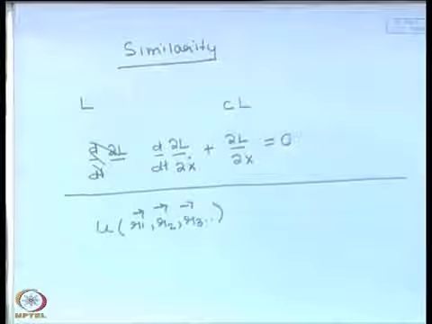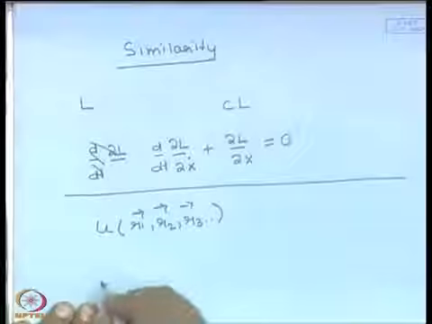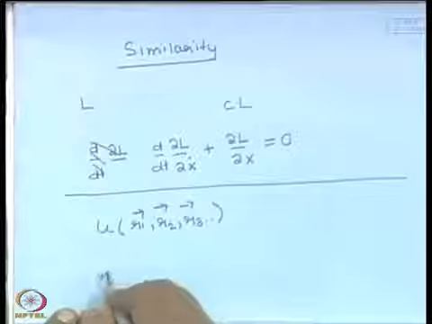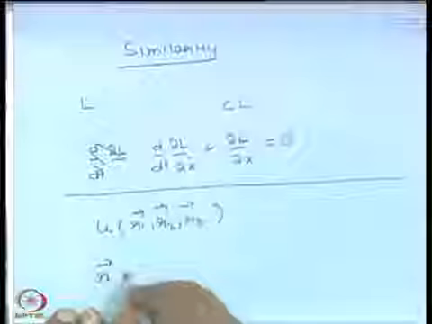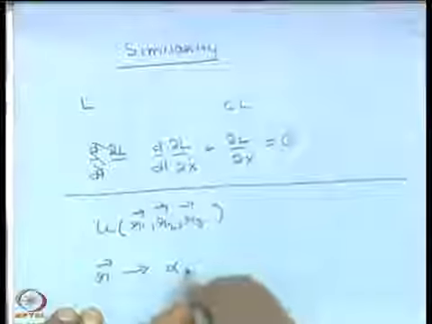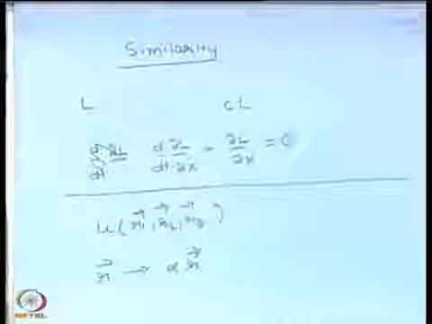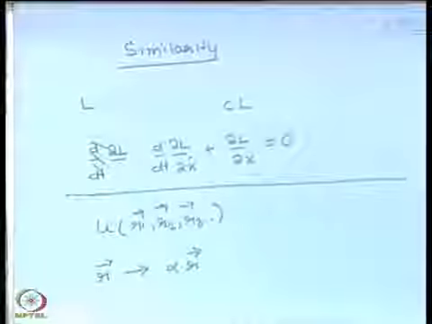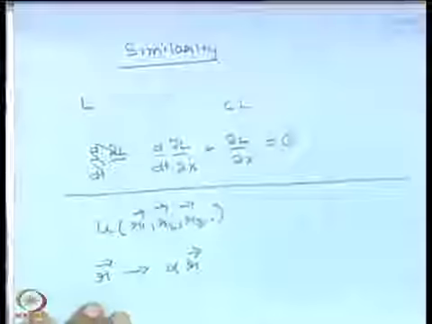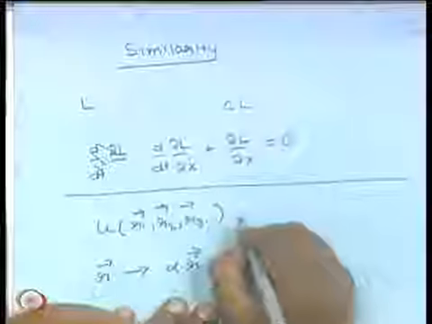And suppose my potential is homogeneous in the sense that if I do a transformation, R goes to alpha R. What do we mean by that?